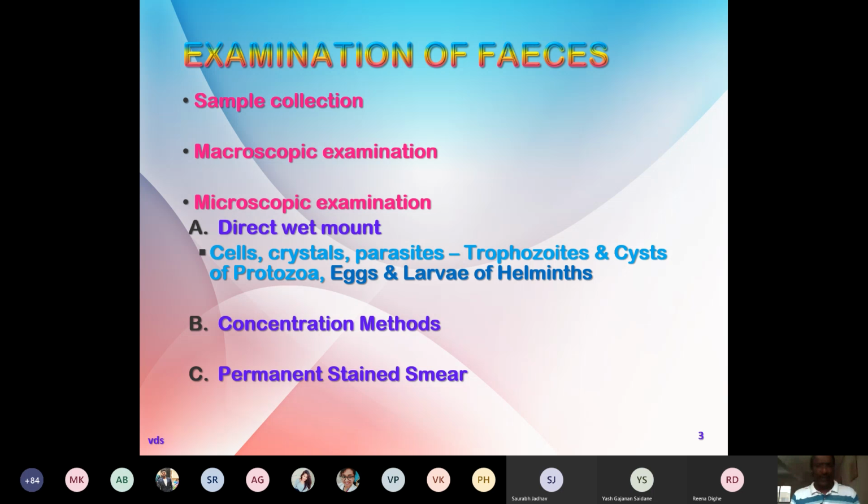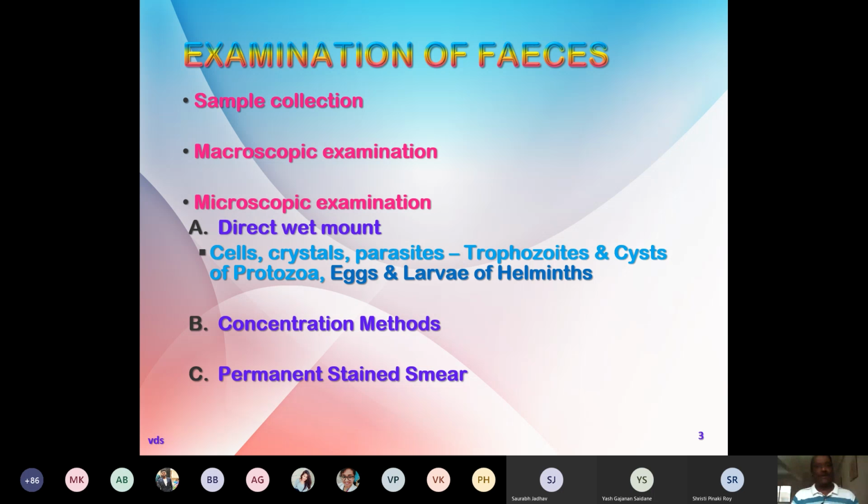Before going to this particular part, I would just focus your attention on the importance of the specimen, because in parasitology, most of the infections are intestinal infections. If you just consider protozoology, most organisms are intestinal parasites: Entamoeba histolytica, Giardia lamblia, Trichomonas vaginalis, then Isospora belli, Cryptosporidium parvum.